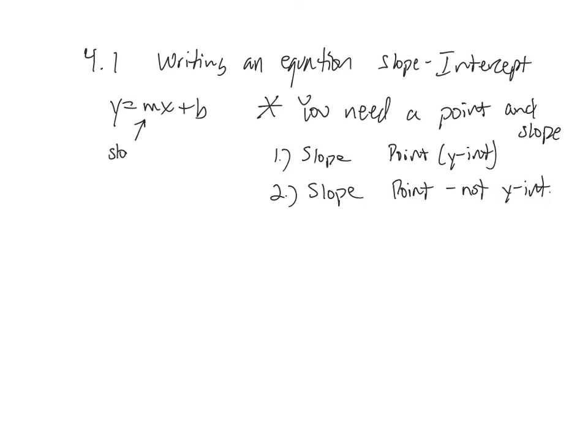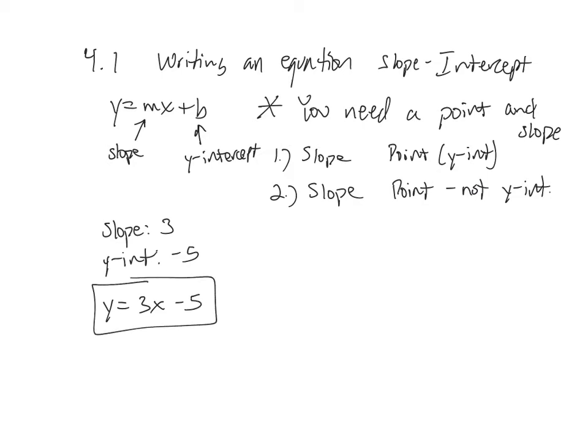Let's review really fast. Remember, the m is the slope, and the b is the y-intercept. So at the beginning of the assignment, you'll have a problem where it'll say the slope is 3 and the y-intercept is -5, and you're just plugging it in. 3 goes where the m is, -5 goes where the b is, and we're done.